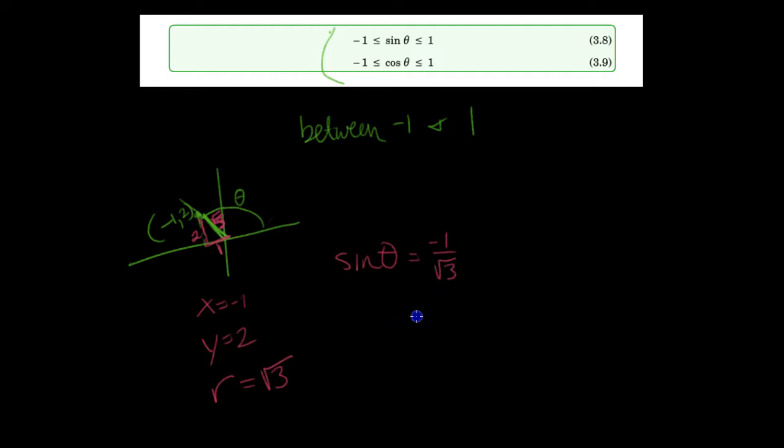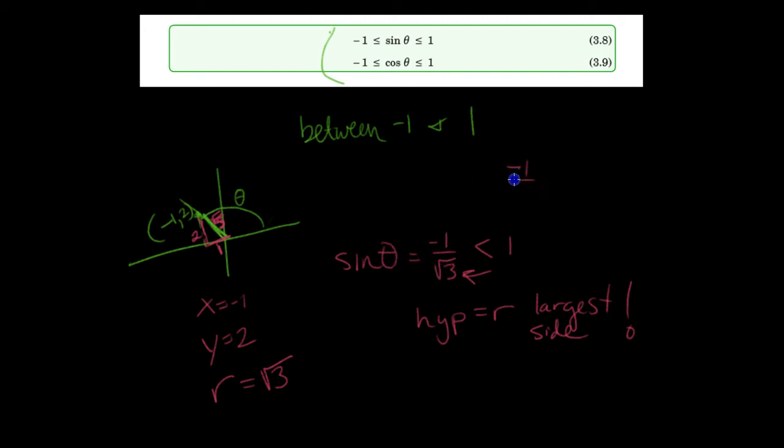Well, the deal is that the hypotenuse, which is equal to r, is always the largest, right? So in this case, it's the largest side. That's by definition in a right triangle. And so if you know that the hypotenuse is the largest side, you're always either going to have a number that could be equal to it, or less than it, so this ratio is less than 1, but since it's negative, it's going to be greater than negative 1.